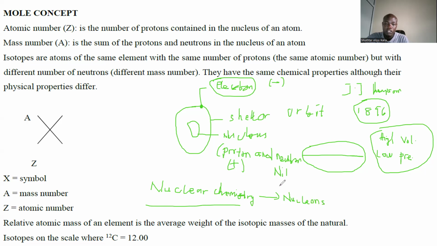That is why in nuclear chemistry we are not talking about electrons. Electrons apply to general chemistry, organic chemistry, and other branches of chemistry. But in nuclear chemistry, we are just talking about the nucleons: the rearrangements as well as the reactions taking place just within the nucleus.